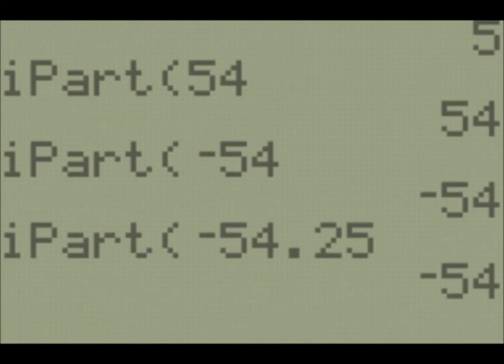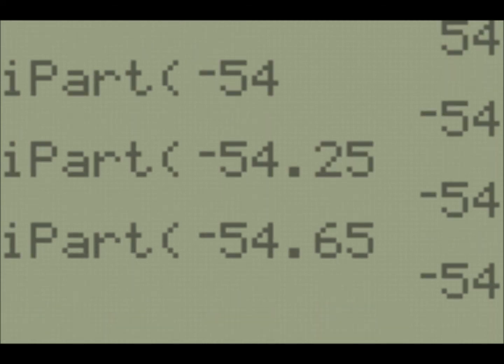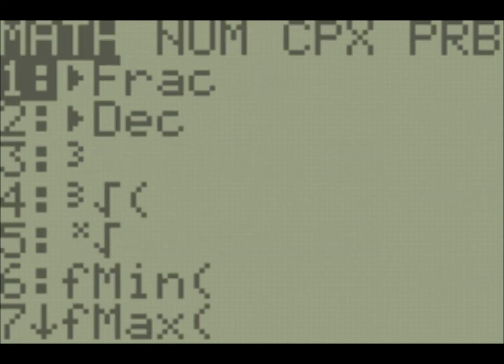This just takes the integer part of the number. If we put a decimal, it's not going to care what that decimal is, or if it's greater than or less than 5. It will just take the integer part. This is what's called truncation.